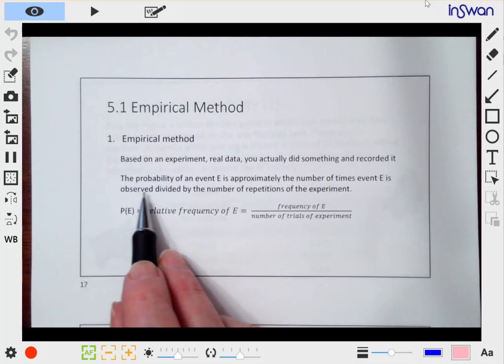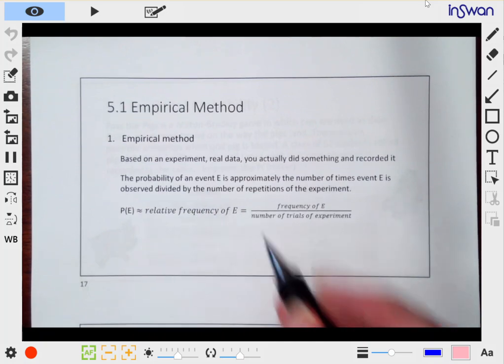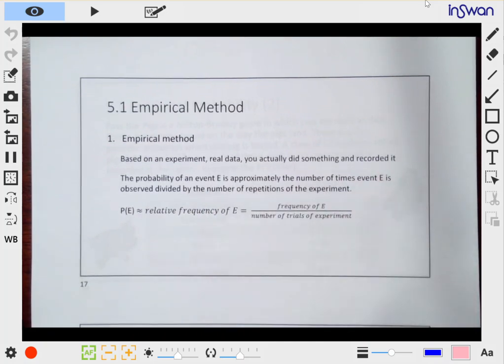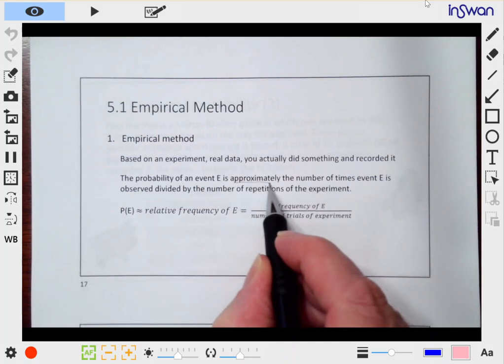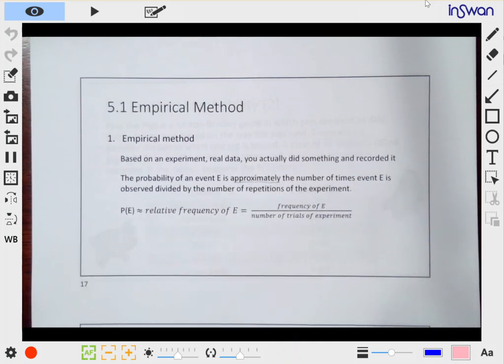So here it says the probability of an event is approximately, notice the word approximately, the number of times event E is observed divided by the number of repetitions of the experiment. All right, so I want to again focus on this idea of approximately.